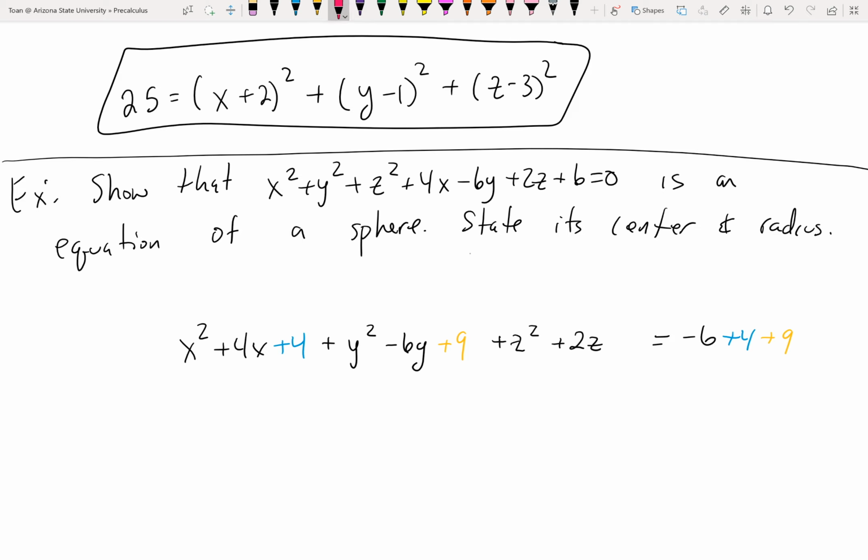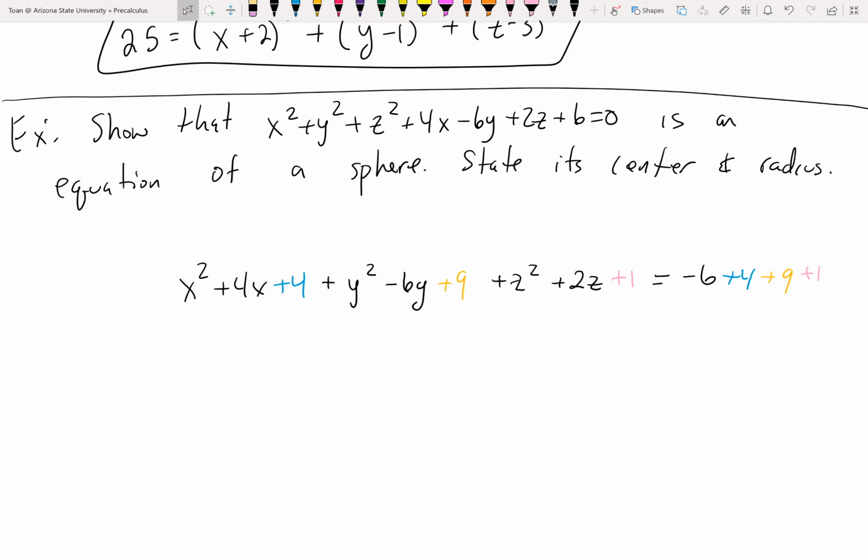And then for the z's, I'll let you think about that for a moment. Stalling some time so you can figure it out yourself. What magical constant would you need to add to both sides to complete the square? Hopefully everyone got a 1, plus 1 to both sides. Okay. And that's it. You're basically done because these three groups are now factorable.